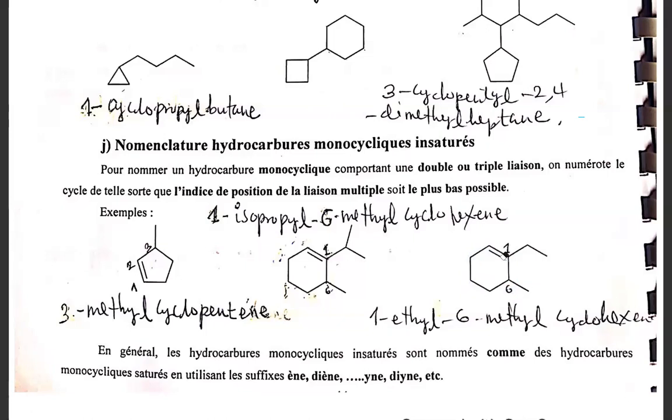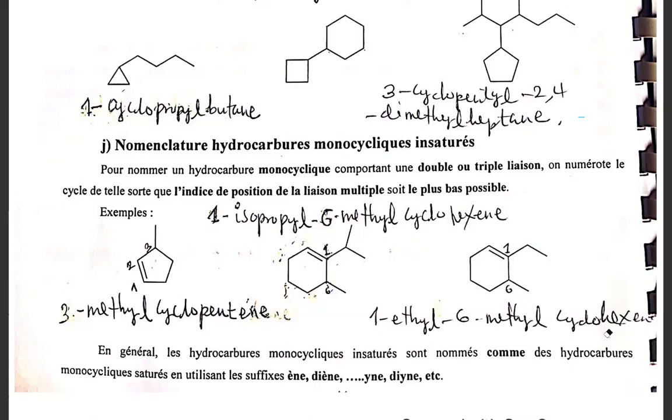For all cycles, always put a cyclo, except for benzene. You don't say cyclobenzene, unless in a case where benzene is bonded to a cycle. Yes, you can say something like that. But for the benzene molecule, it does not have cyclo. It's the next thing we're going to look at actually.